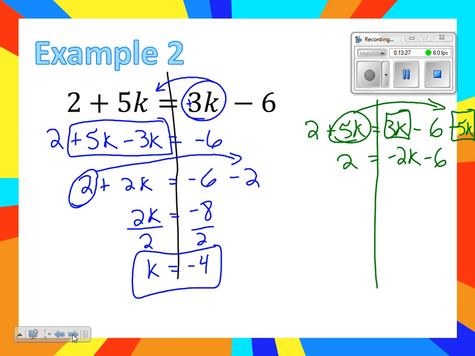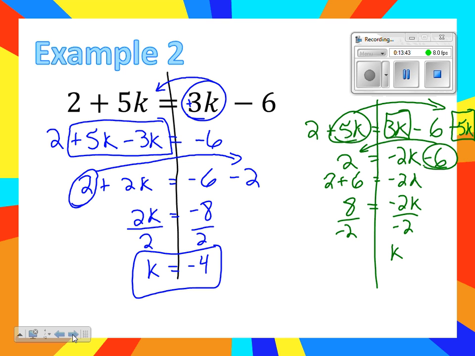And then if my variable's over here, I want my numbers over there, so what would I move? The negative 6, and it would become a positive 6. And so I would get 8 equals negative 2K. And then when I divide by negative 2 on both sides, K would be equal to negative 4. Still the same thing. I like for my variable to stay positive. So that's why I moved the smallest.